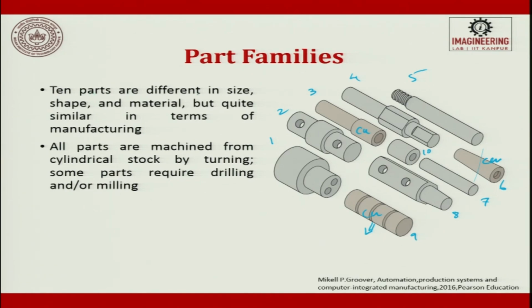The 10 parts are different in size, shape, material, but quite similar in their manufacturing process. All the parts are machined from a cylindrical stock by turning. Some parts require drilling, some parts require drilling and milling, or only milling after turning. Here is a part family. This is all a part family.